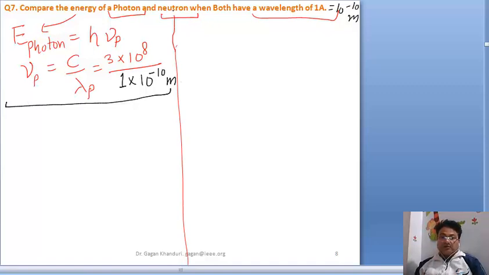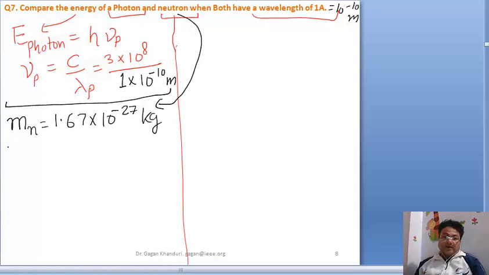Now we have to talk about the neutron. What do we know about neutron? We know that mass of neutron is 1.67 into 10 raised to power minus 27 kg. And what about the energy? This is what is asked from us. We have to get the energy of neutron. And what else is given is lambda of neutron is given as 1 angstrom, that is 10 raised to power minus 10 meters.